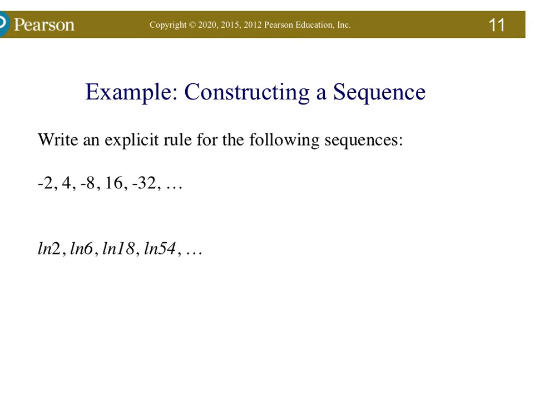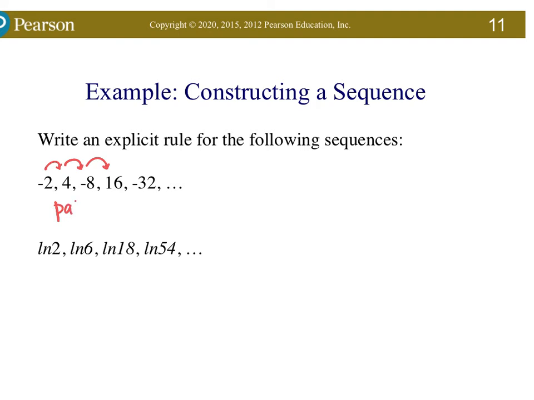So can I find an explicit rule for the following? I just need to determine what's going on between each term. So moving from one term to the next, I would need to define what the common pattern was.